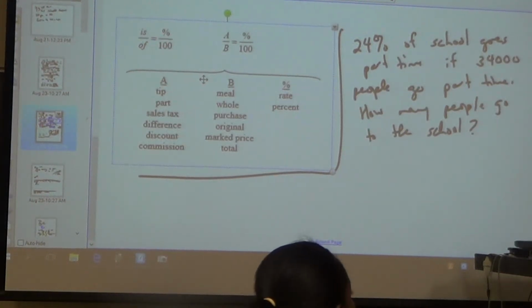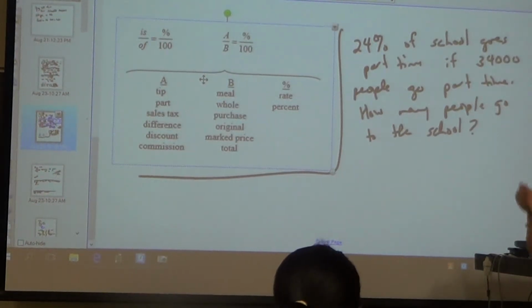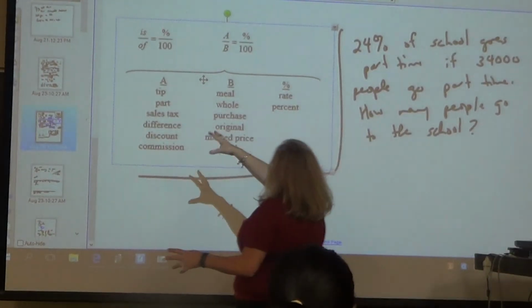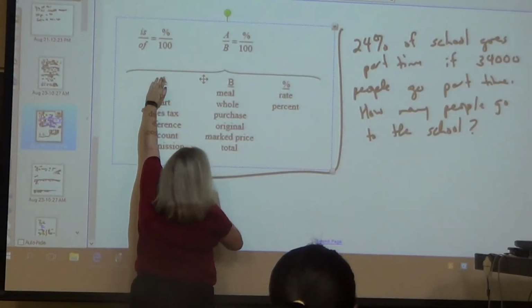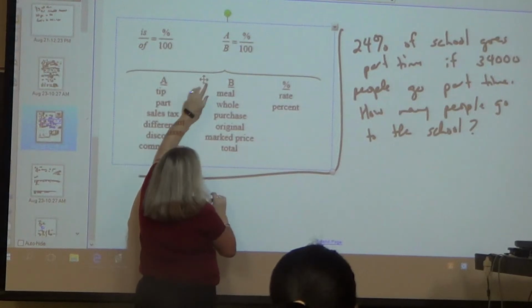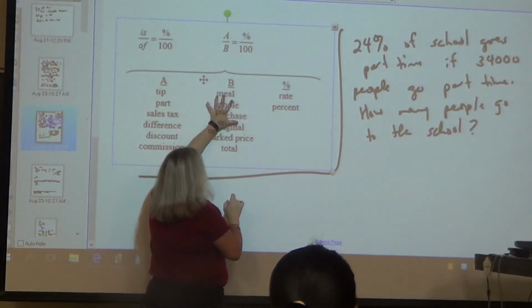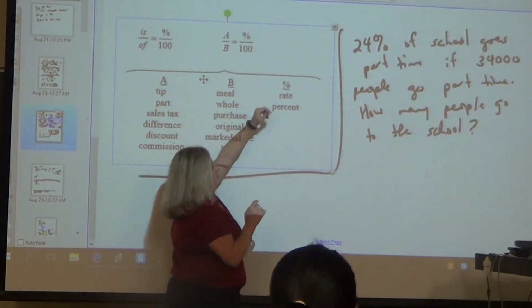Now, this is not an is over of problem because it's not what is 5% of 30. It's not short, cute, and a couple words. So this is what I call an A over B. I've given you different things for what A can be, and I've given you different things of what B can be, and you know what percent means.